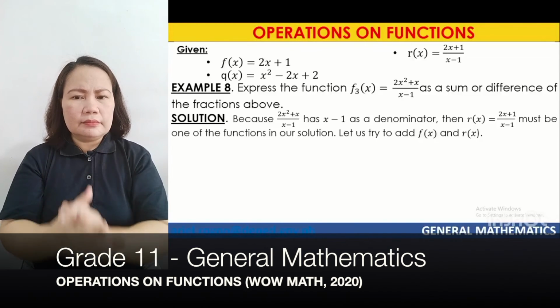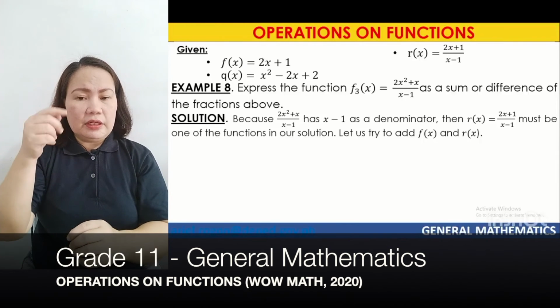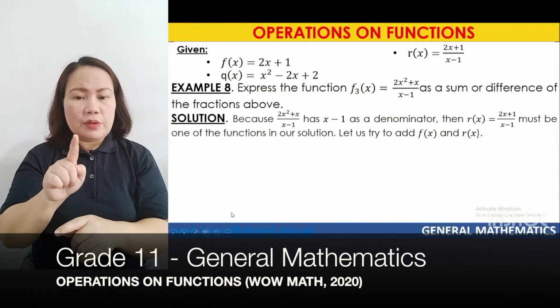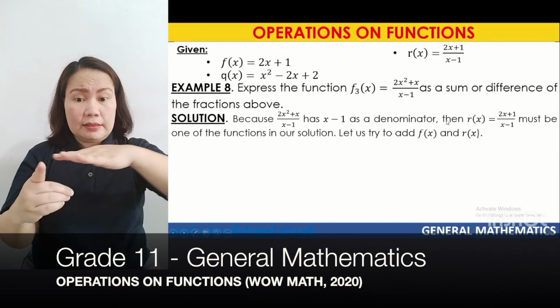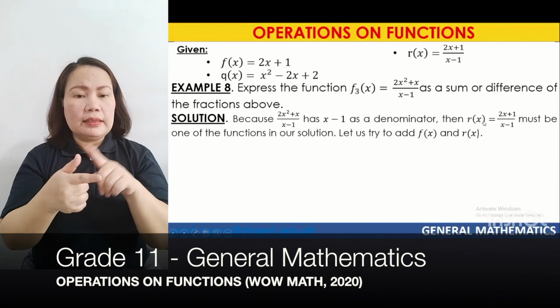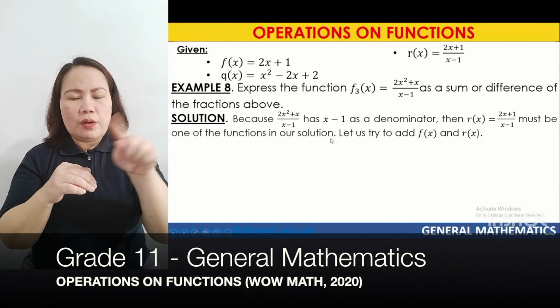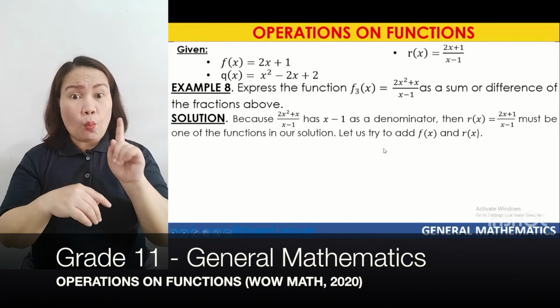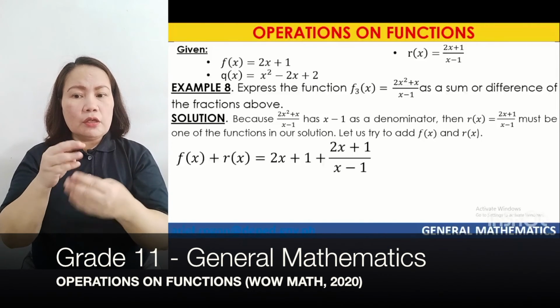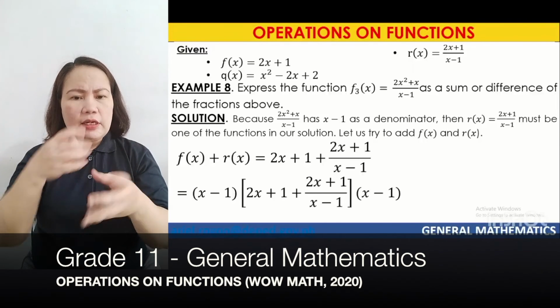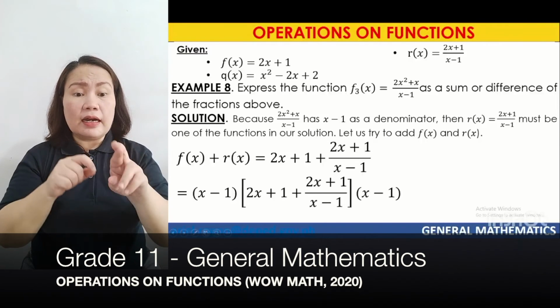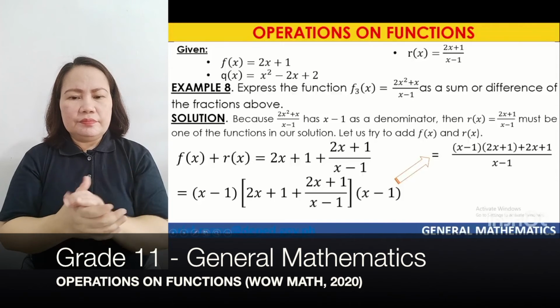Because 2x squared plus x all over x minus 1 has x minus 1 as a denominator, then r of x, which is equal to 2x plus 1 over x minus 1, must be one of the functions in our solution. So, let's try f of x and r of x. Let's add. This will cancel, the x minus 1.